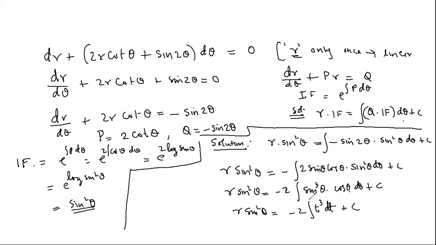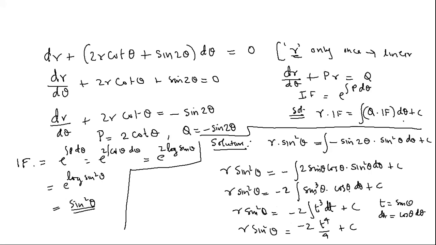You could have directly integrated this. R sine square theta is minus 2 t raised to 4 upon 4 plus c. Now t I have put as sine theta, and dt is cos theta. Now replace t back as sine theta and you get your answer.